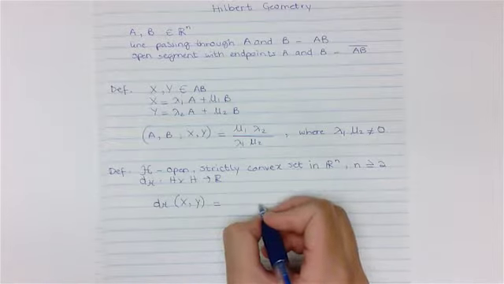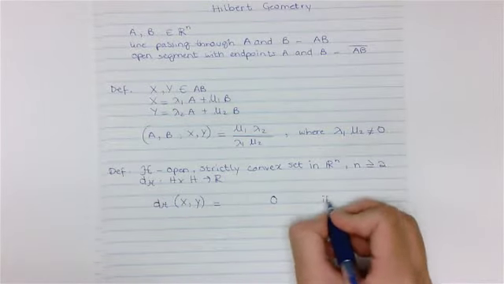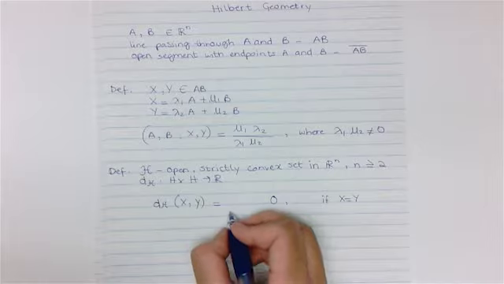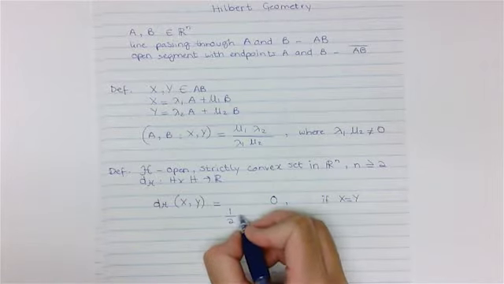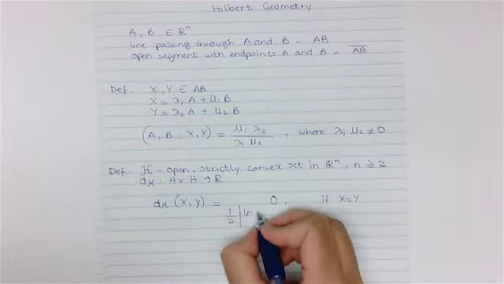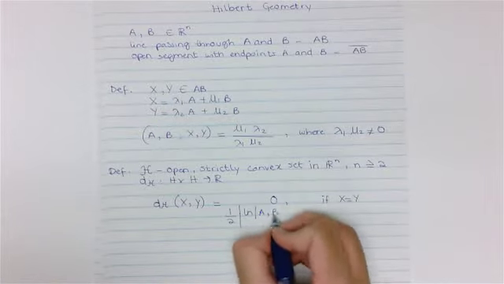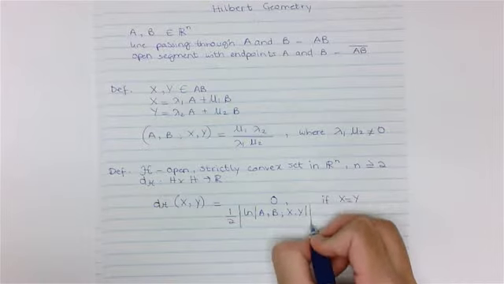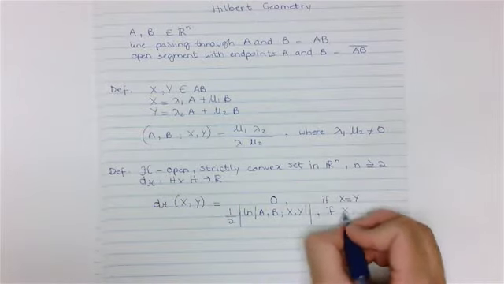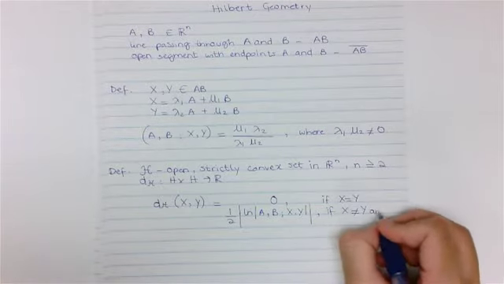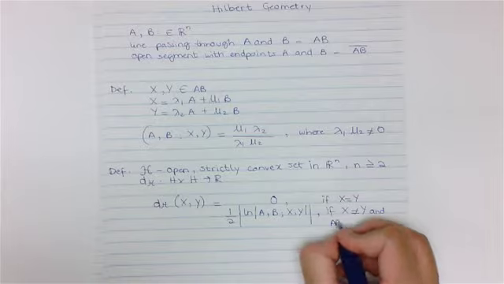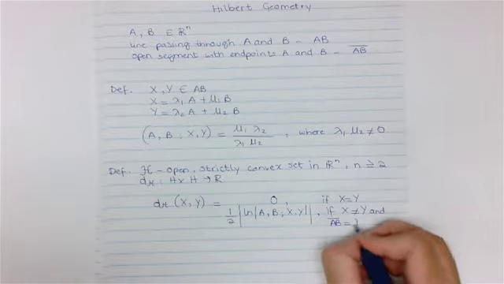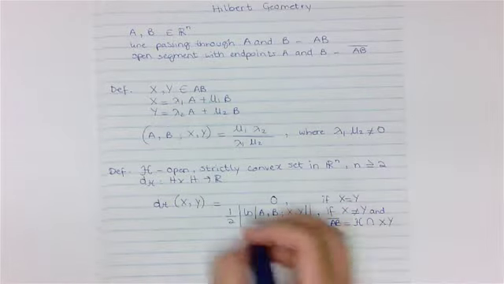So the Hilbert metric is 0 if x and y are the same point, and it's half times the absolute value of ln of the absolute value of the cross ratio of points A, B, X, and Y. And this is for the case if X and Y are different and the open segment with endpoints A, B is an intersection of H and XY.